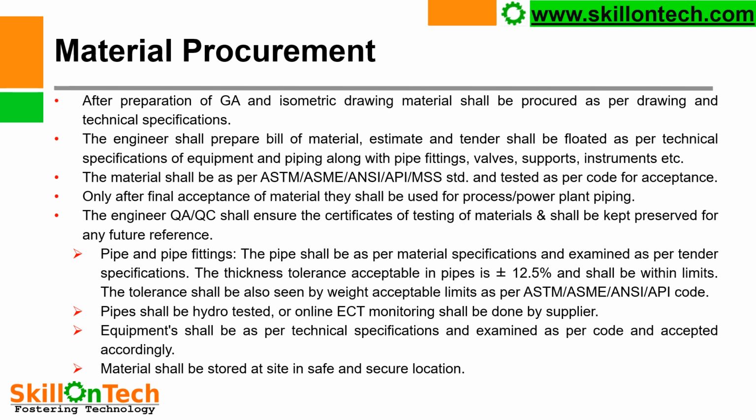Pipe and pipe fittings. The pipe shall be as per material specification and examined as per tender specification. The thickness tolerance acceptable in pipes is plus or minus 12.5% and shall be within limits. The tolerance shall also be seen by weight acceptable limits as per ASTM, ASME, ANSI, API codes.